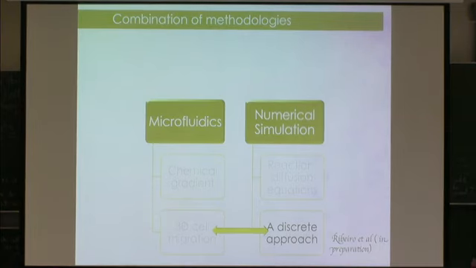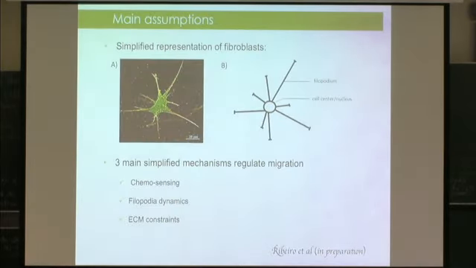So this is the part of the experiment that we have done, and later we have tried to create a simple model to try to reproduce these experiments. For that we have used a discrete approach. The idea is very simple.